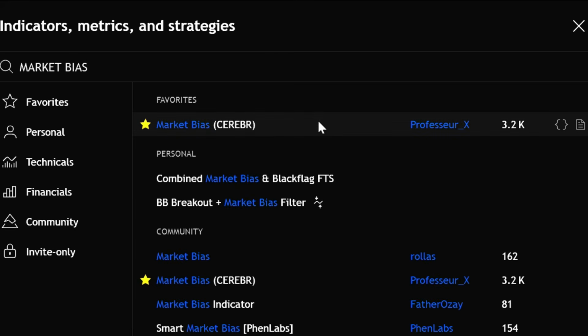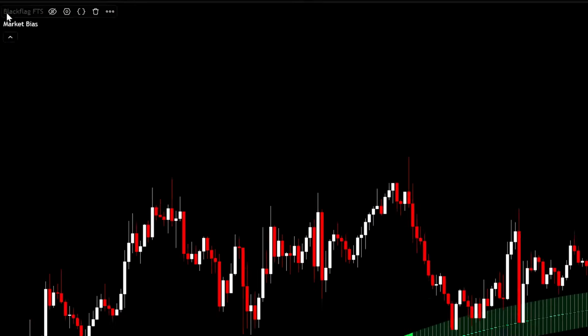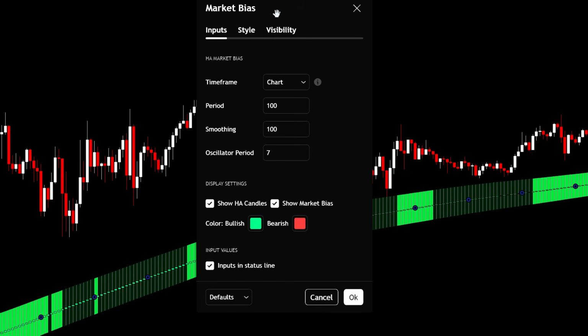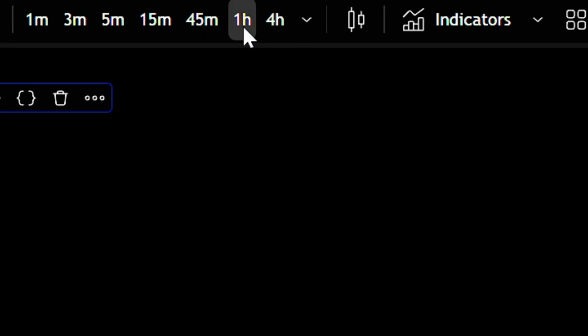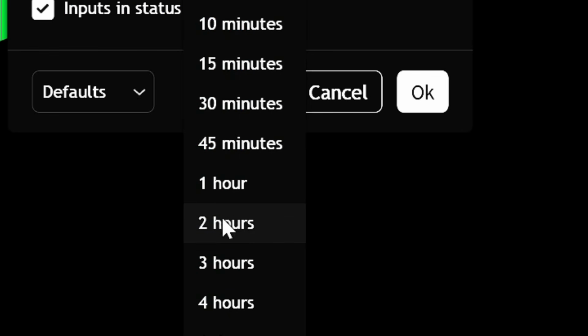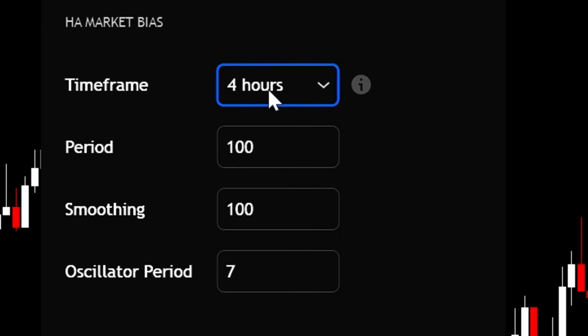Settings. Time frame one level higher than the chart. Period 100 or 200. Smoothing 100.